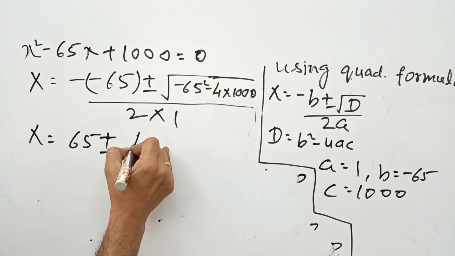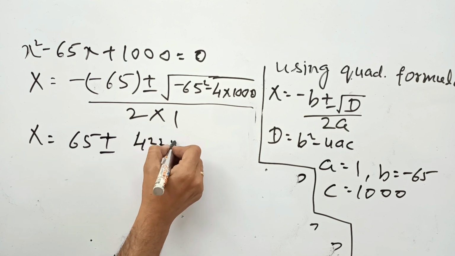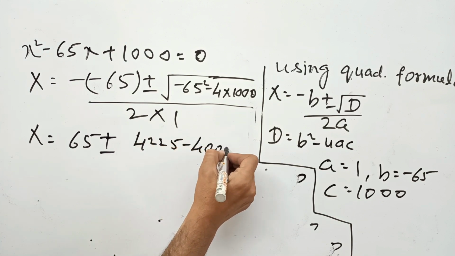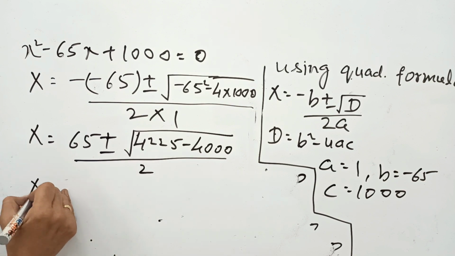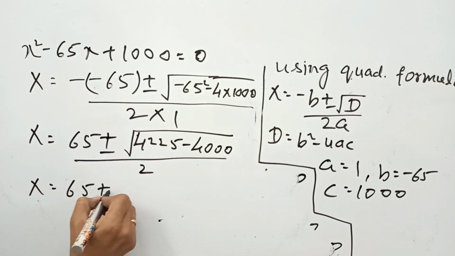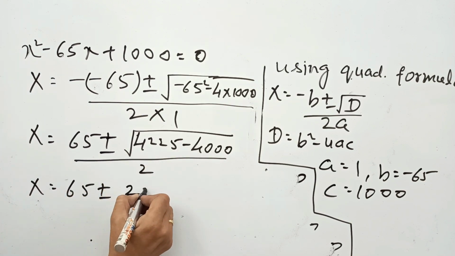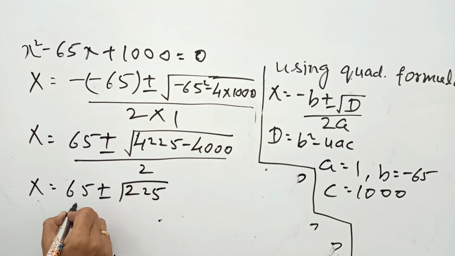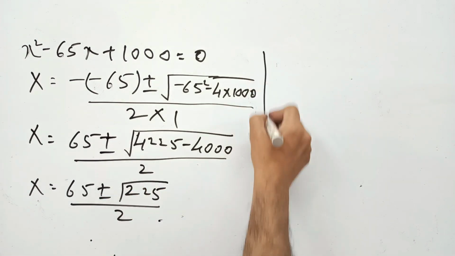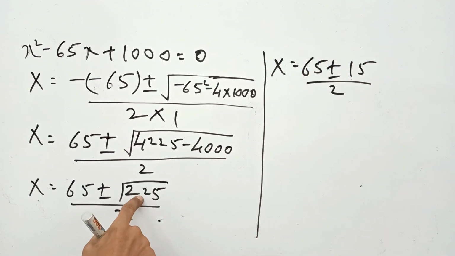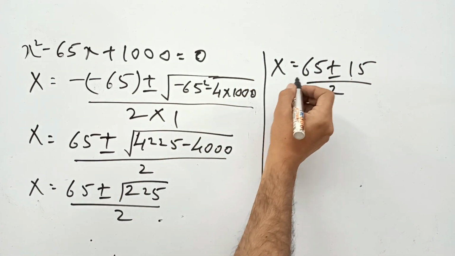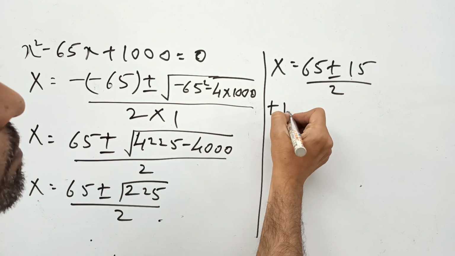65 square is 4225 minus this 4000, upon 2. 65 plus minus the square root of 225, upon 2. The square root of 225 is 15. Now one by one we will take the positive.